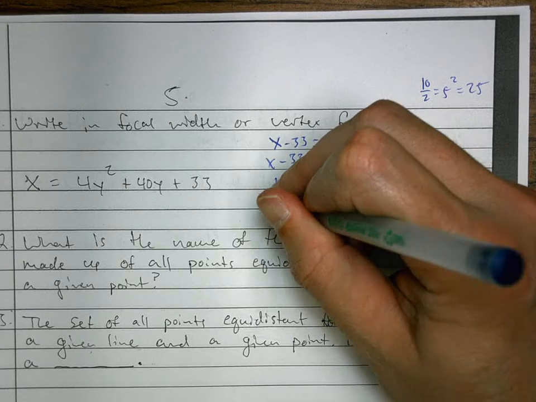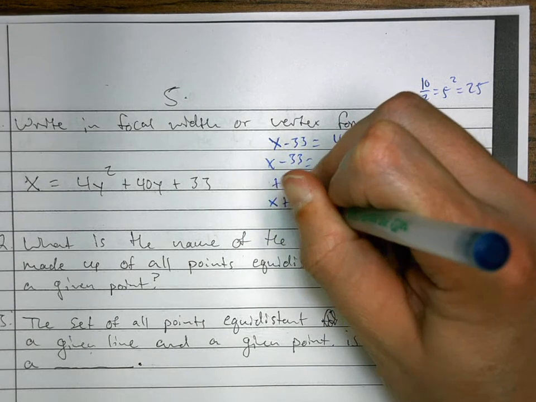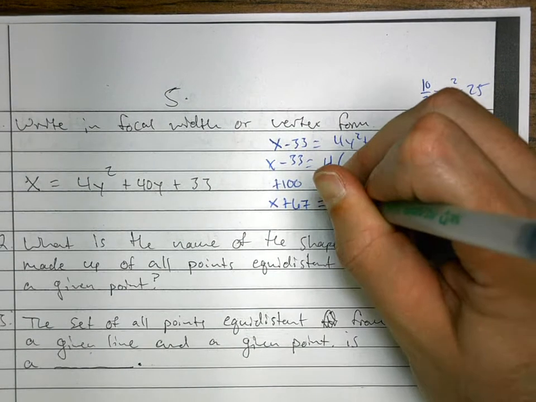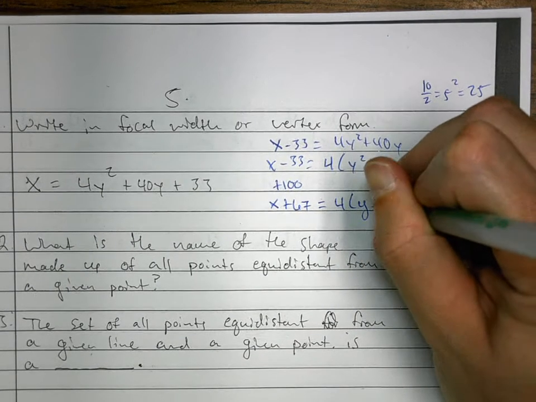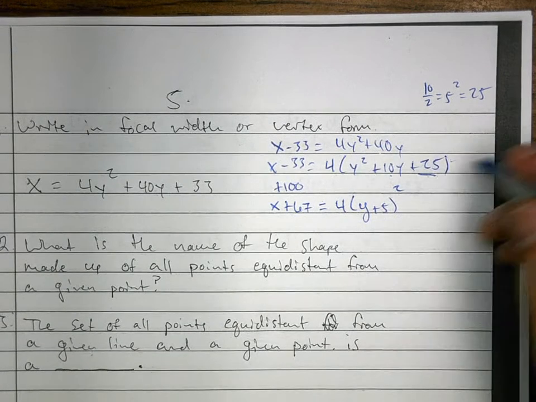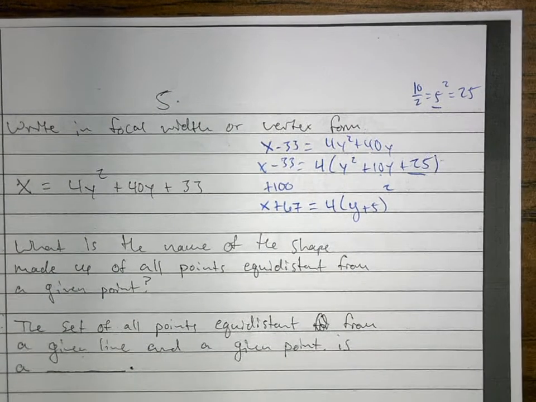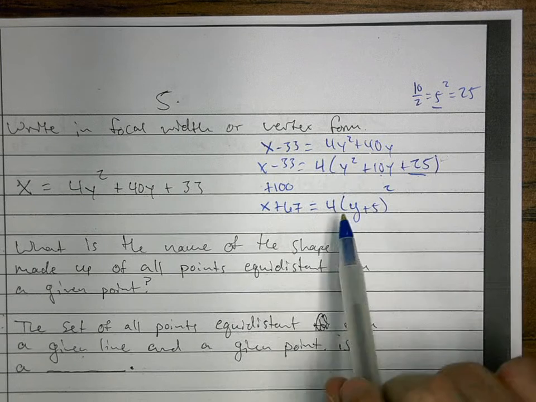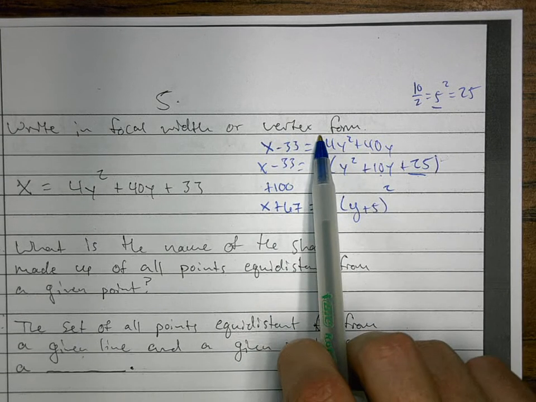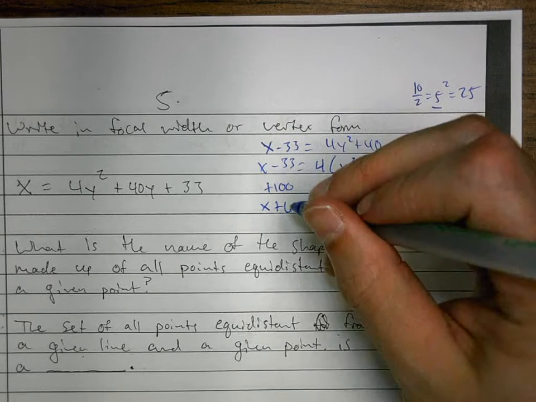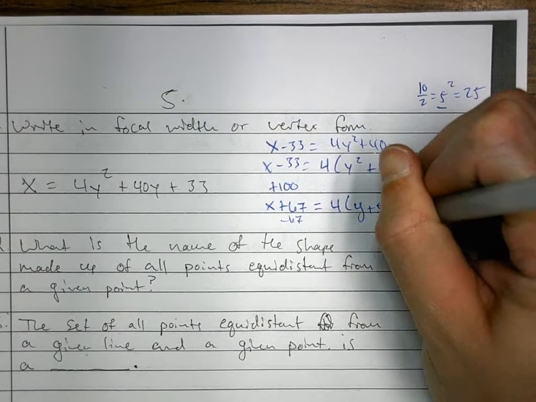So this is x plus 67 is equal to 4 times y plus 5 squared. Again, we get the plus 5 from that part in the beginning. And if I want to put this in vertex form, I would just subtract 67 from both sides.